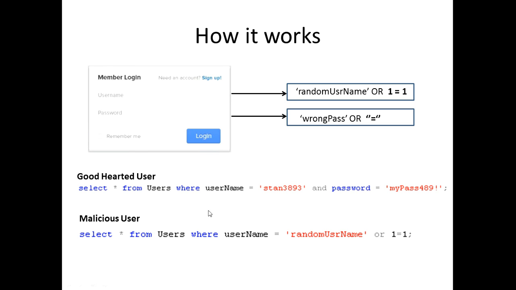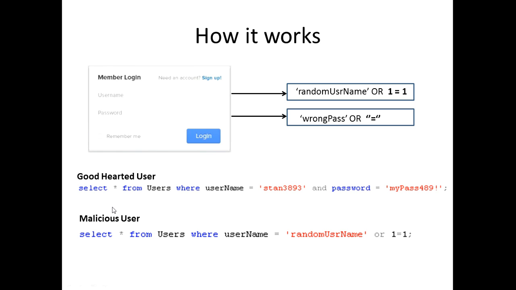Now let's just say we have a malicious user. A malicious user is a user who's more technically savvy and tries to find ways to go in and manipulate this application.